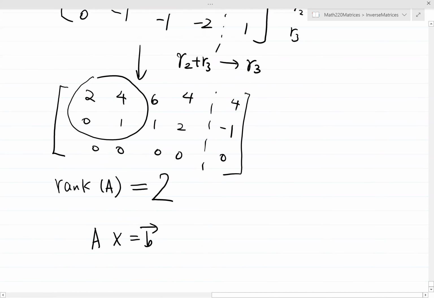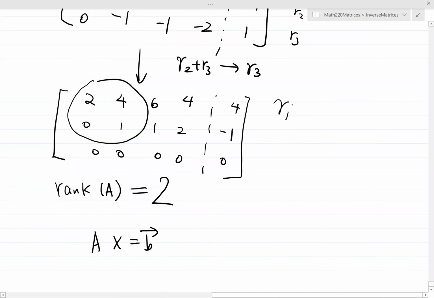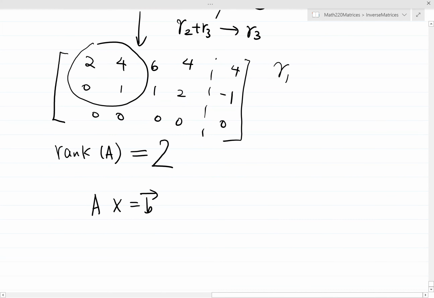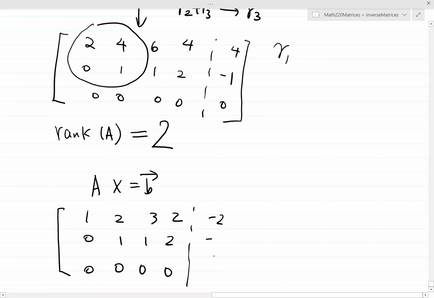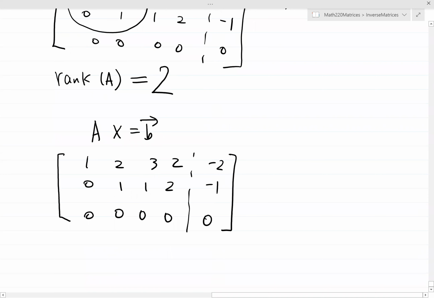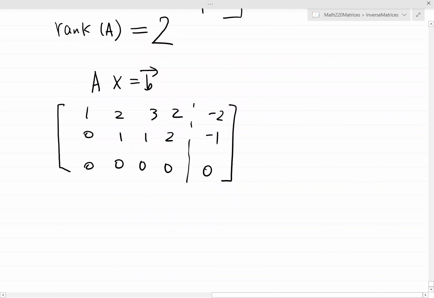The first row R1 has every entry a multiple of 2. If we divide every entry by 2, then we get 1, 2, 3, 2, then 0, 1, 1, 2, then 0, 0, 0, 0, and we have negative 2, negative 1, 0. The last row is 0, it's nothing, so we just leave it as it is.